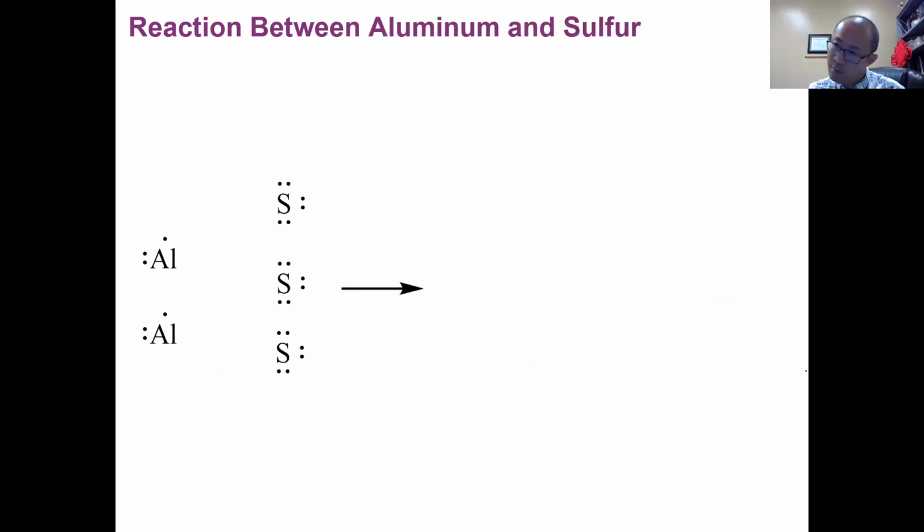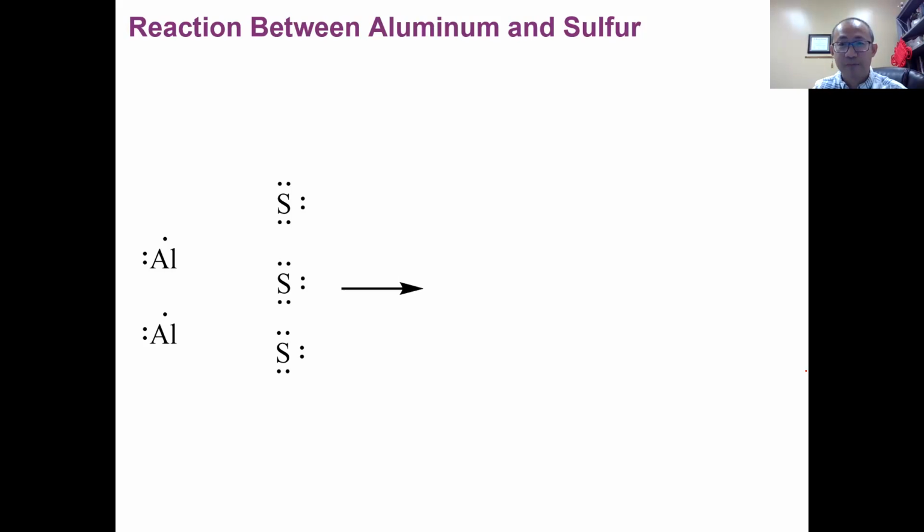With that, please practice with this one, a little bit more tricky, a little bit more arrows to draw, but the same format. Show the formation of aluminum sulfide, or the reaction between aluminum and sulfur. I even give you the numbers. Aluminum has 3 valence electrons. Sulfur has 6. So each sulfur takes 2. In order for this to work, you need 2 aluminum and 3 sulfur. 2 aluminum gives 6 electrons. 3 sulfur gains 6 electrons.